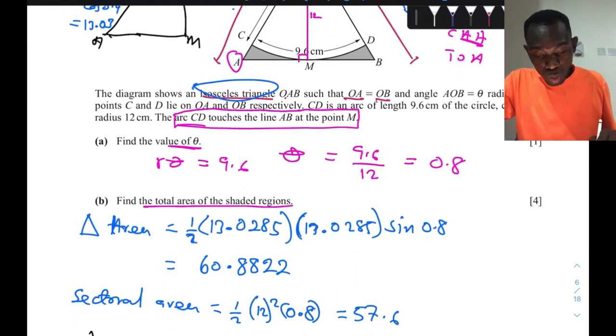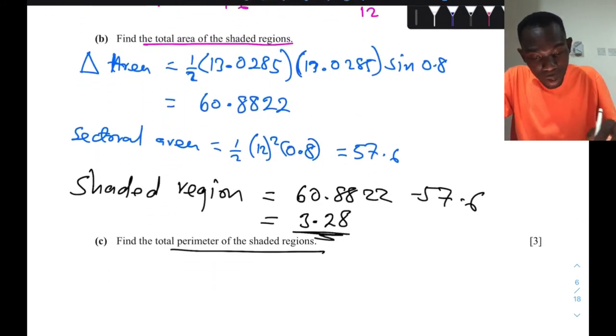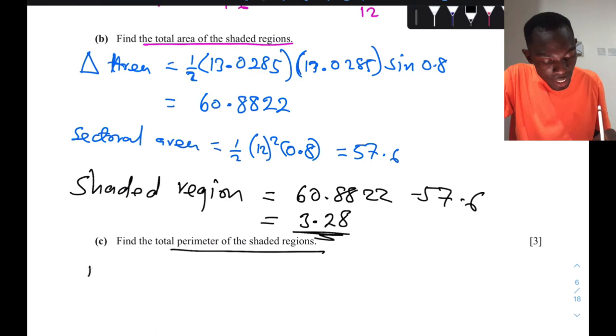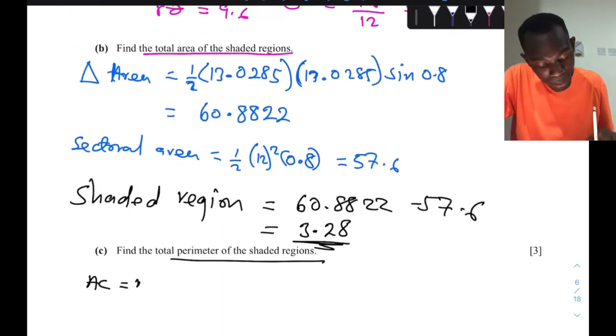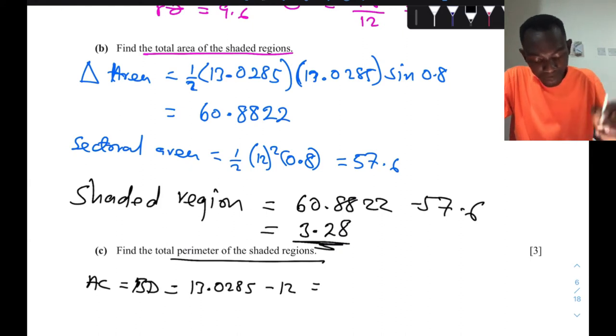Okay, so AC and AD are the same, so we can find that one quickly. AC is equal to AD, that's equal to BD. So that's 13.0285 minus 12, okay?